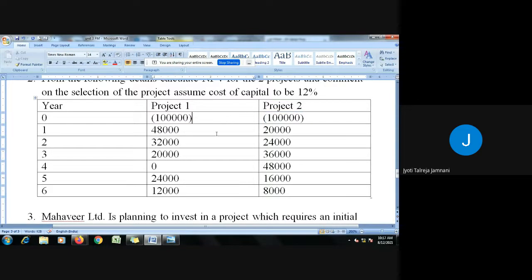Even if it is not written in the bracket, or even if it is not with a minus sign, if it is in year 0, we basically invest. So we consider it as initial investment. So that 1 lakh rupees is initial investment. Now what we need to do is find the present value of cash flows from year 1 to year 6. Project 1 is earning these cash flows and project 2 is earning these. So let's do it individually for 1 and 2.